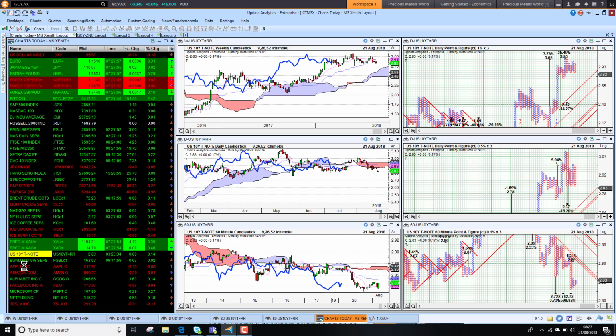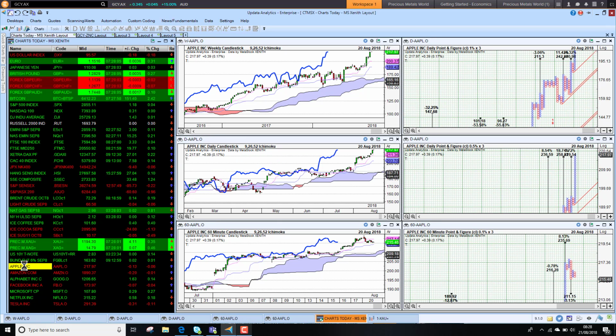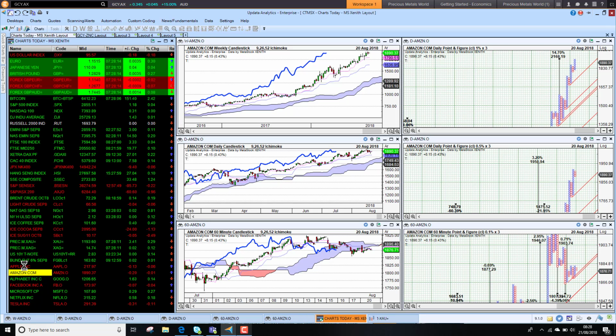And just taking a look at the tech giants, we see here that Apple looking very strong, still holding on to all three time frames as bullish, with quite a few upside targets. Amazon has been a star performer this year, up another nearly 0.5% yesterday, still looking bullish above the clouds.